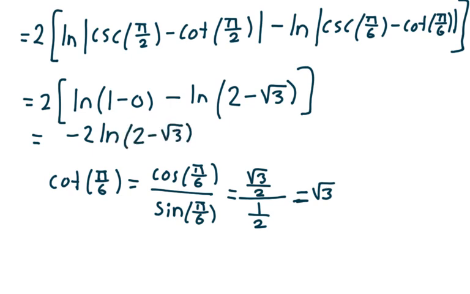And you might go, well, wait a minute, isn't that a negative number? Well, no, because if you put 2 minus square root of 3 in your calculator and take the natural log of it, you should get a negative number, and then that negative number times -2 is a positive number. So I'll perform that calculation really quickly here. If I take 2 minus square root of 3, I get 0.27 roughly.